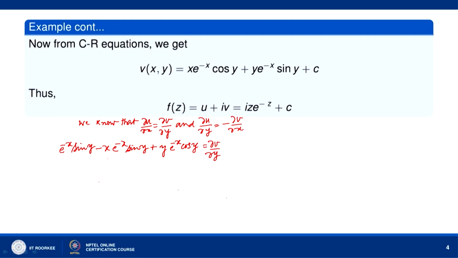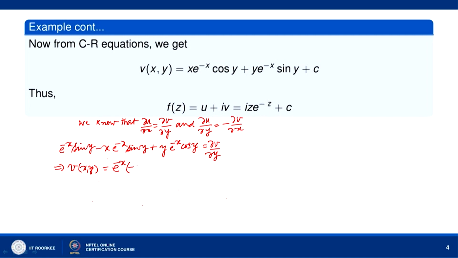So, while integrating this equation with respect to y, we will have to keep x constant. Okay. So, this implies v(x, y) is equal to, since we are keeping x constant, e to the power minus x will remain unchanged.